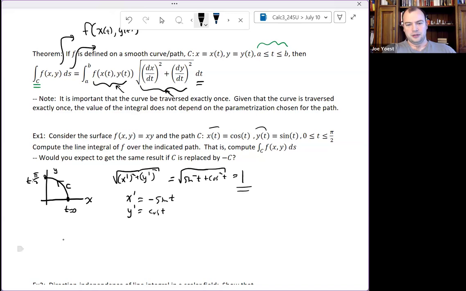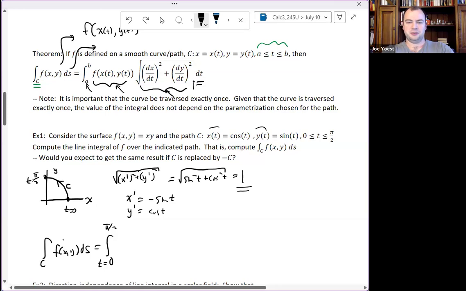So I want to integrate f of x y ds. That's going to be the integral from t equals 0 to pi over 2. We're integrating with respect to t. I want to integrate f of xy dt, but of course I don't want to leave f in terms of x and y.